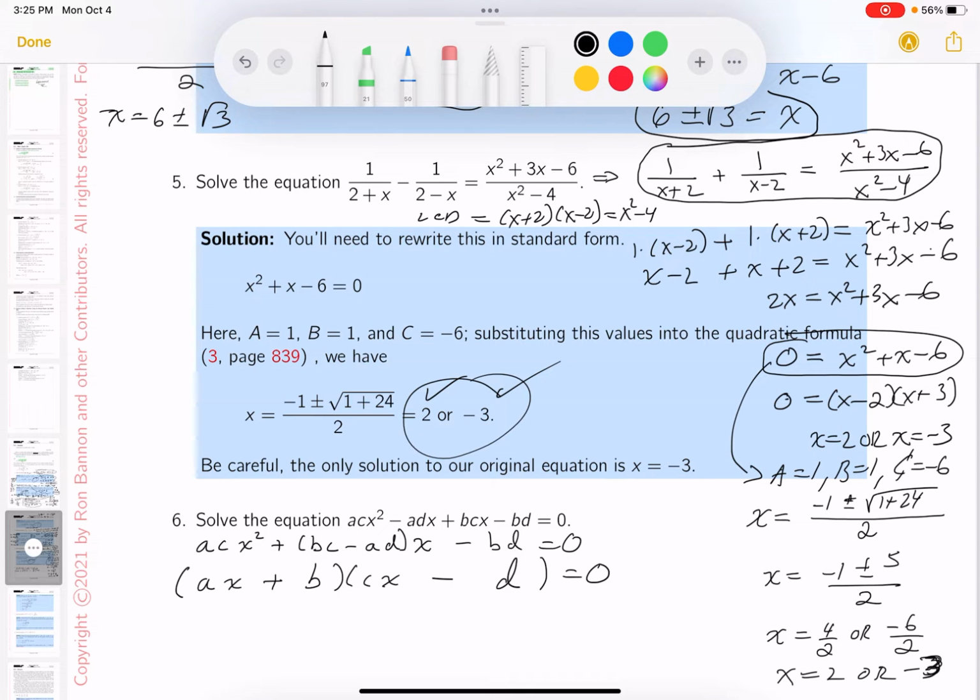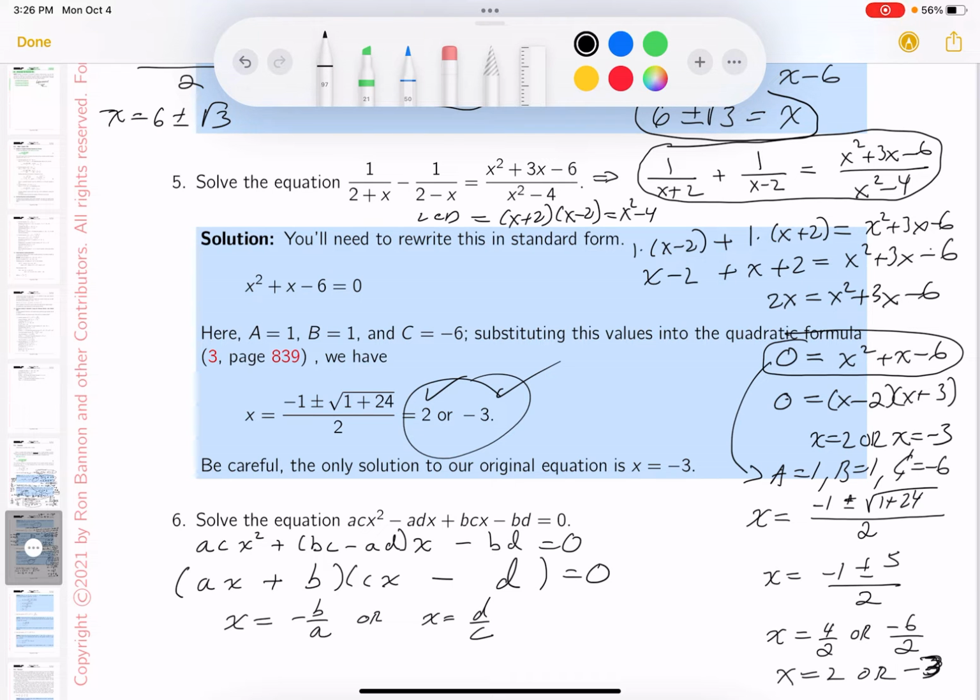You get ACx squared. Worked beautifully. Then what do you get? You would get minus ADx plus BCx. That worked beautifully. And you get minus BD. So I'm ready to write my answer down now. What's my answer going to be? x is going to be equal to minus B over A, or x would be equal to D over C.